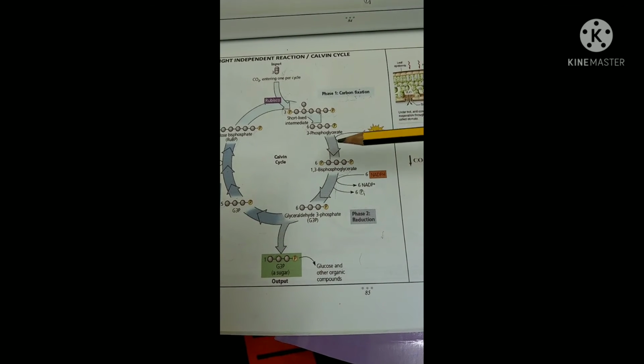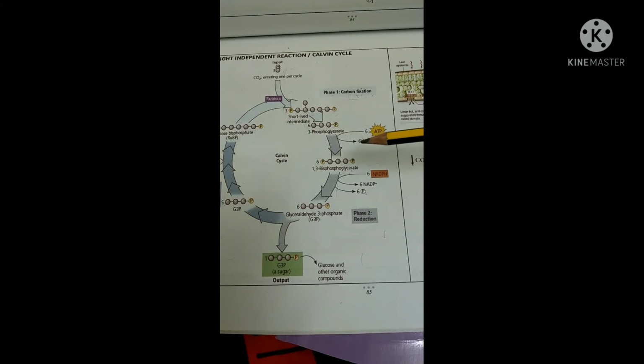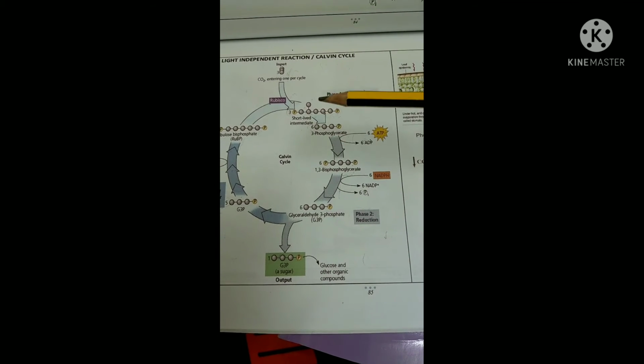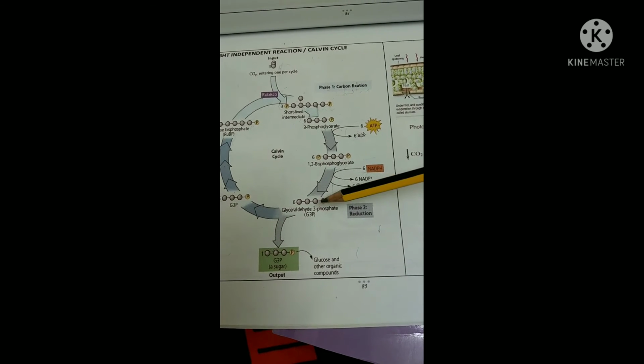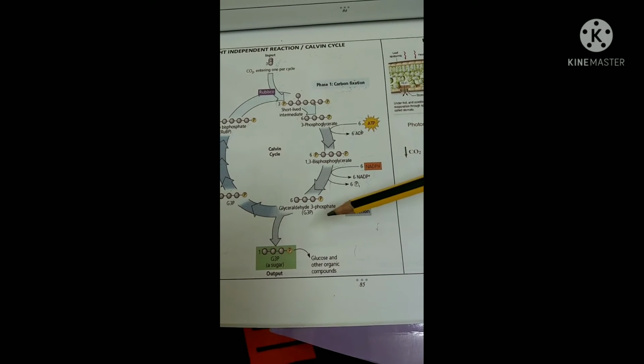So the reaction requires 6 NADPH, and NADPH will become NADP plus. So the 1,3 biphosphoglycerate removes its phosphate and becomes 6 molecules of G3P.